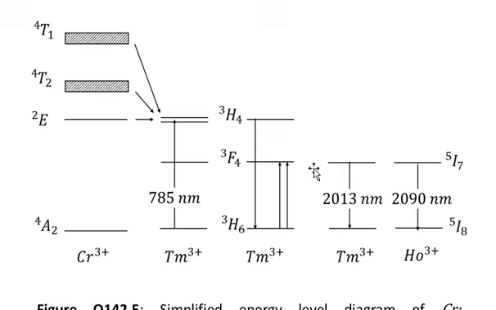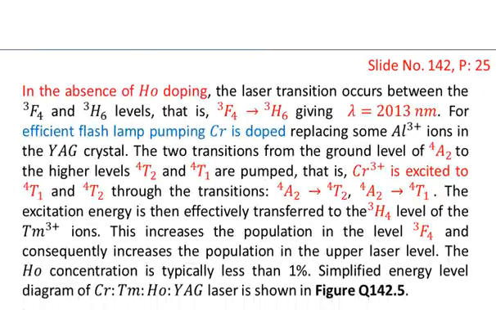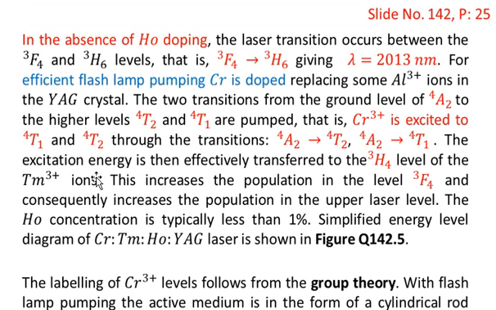And this is only done when the holmium is not present. Or even if the holmium is present, in order to increase the population in the level 3H4, the chromium is added. So the excitation energy is effectively transferred to the 3H4 level of the thulium ions.